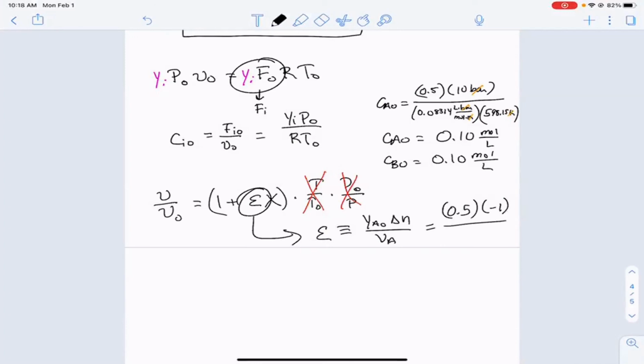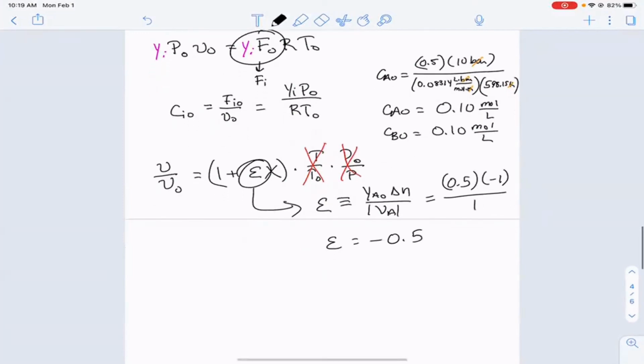And the stoichiometric coefficient here for A, and I apologize, it was the absolute value of the stoichiometric coefficient for A. So the stoichiometric coefficient is -1, and the absolute value for that is equal to 1. And so that gives us an epsilon value in this problem equal to -0.5. So the volumetric flow rate here is just V0 times 1 minus 0.5 times the conversion.